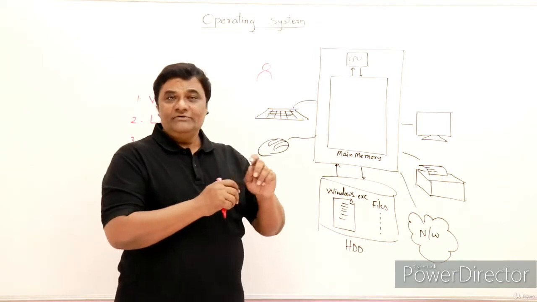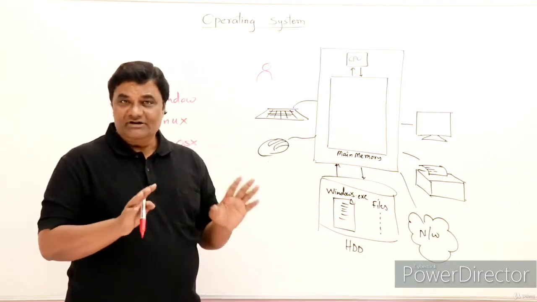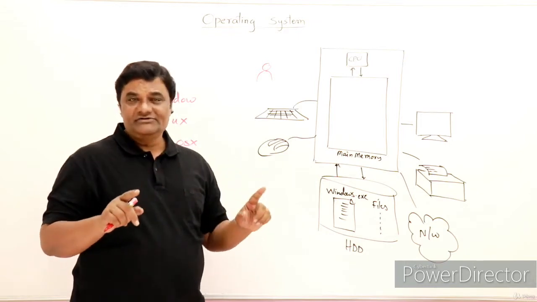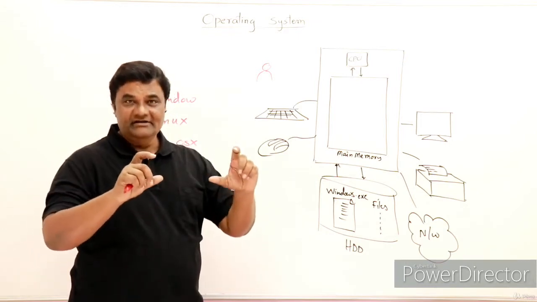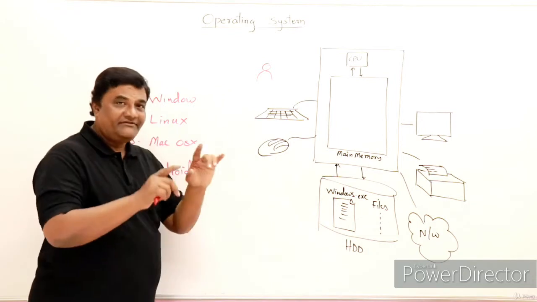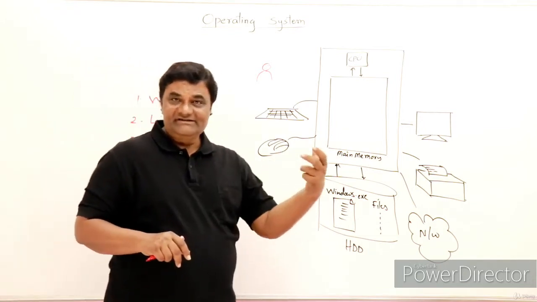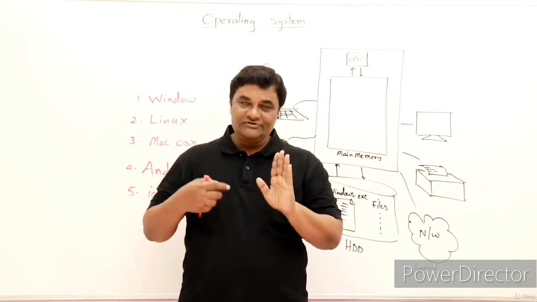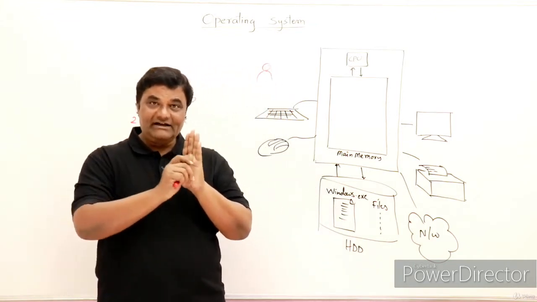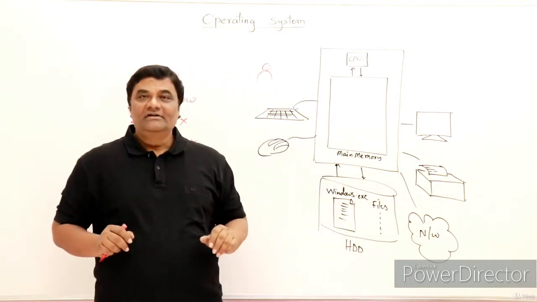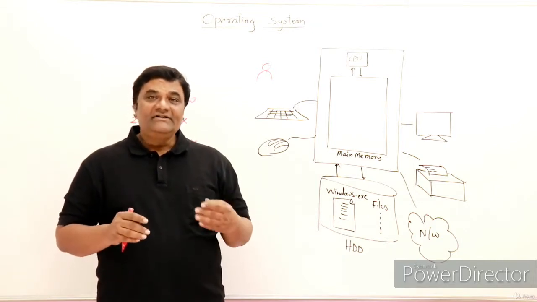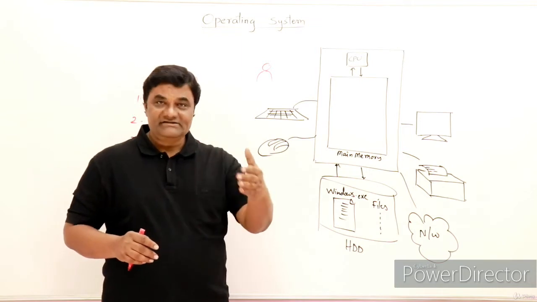Listen, when you start your machine, computer, PC, mobile phone or laptop, the first thing you see is that it is getting ready. If you're using a Windows PC, you will find a Windows logo and a message that Windows is starting. On an Android mobile phone, you will get a message at the bottom that Android is getting ready. So the very first thing when you start your device is that it gets ready upon the operating system.